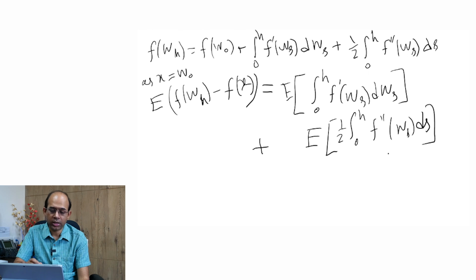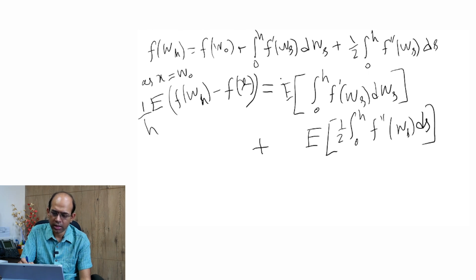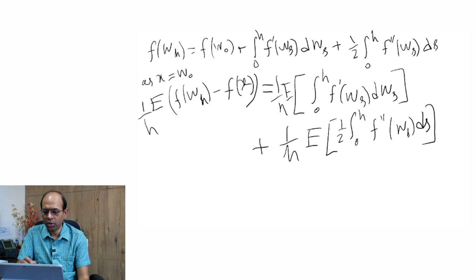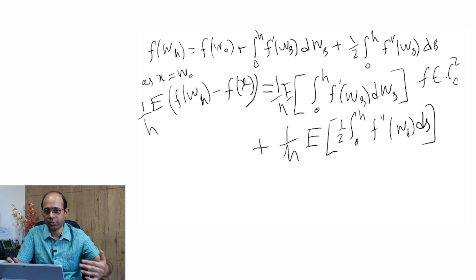Okay, now if I have 1 over h on both sides, so I write down 1 over h here. Now in this integration, this expression is 0. Why? Because f prime is bounded, because f belongs to C²_c, that means twice continuously differentiable with compact support, so all the derivatives are bounded.